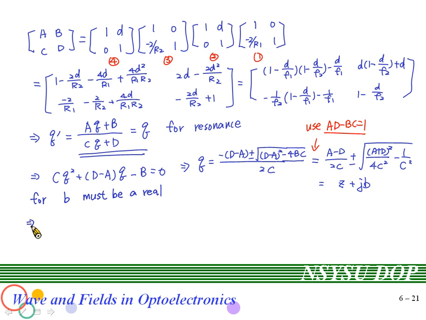As a result, inside the square root it must be negative. By this condition, we have that (A plus D) squared divided by 4 will be smaller than 1.